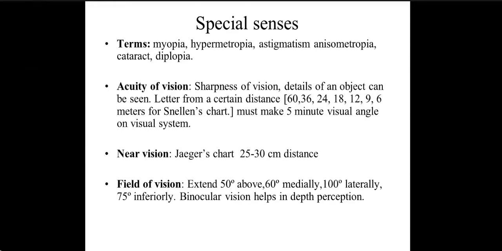When we test the eye with Snellen's chart, first of all the person cannot see properly. After that, the person can see, but not properly. After that, you reduce the distance between the eye and the Snellen chart.